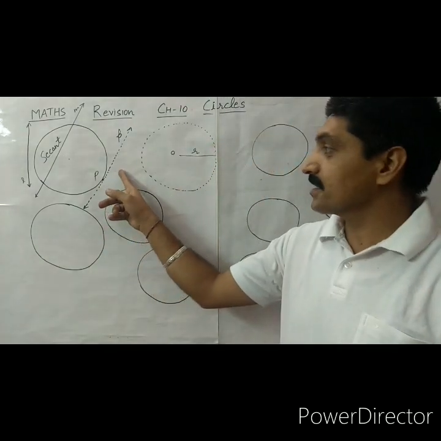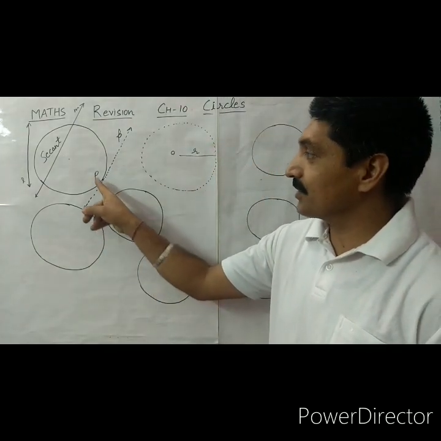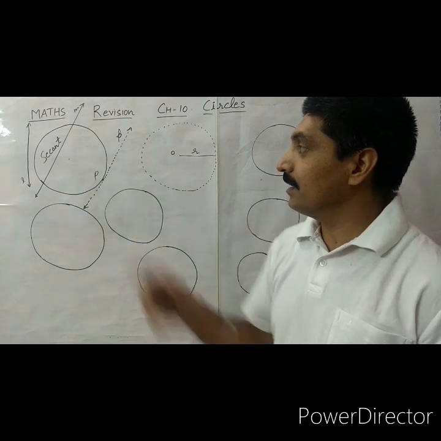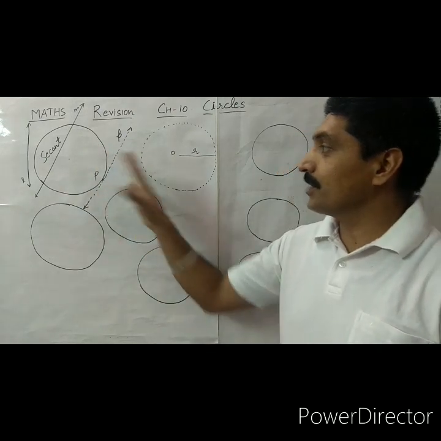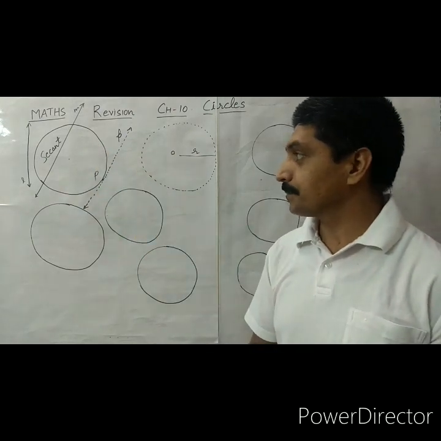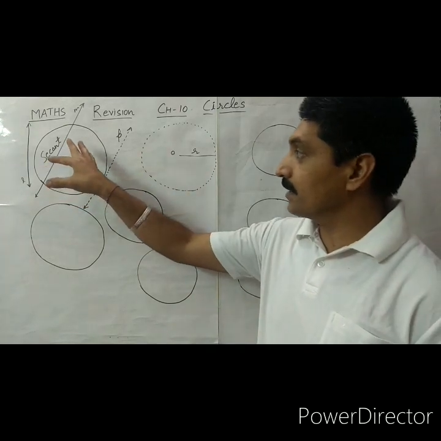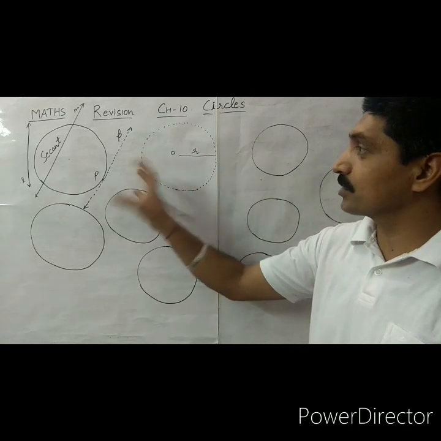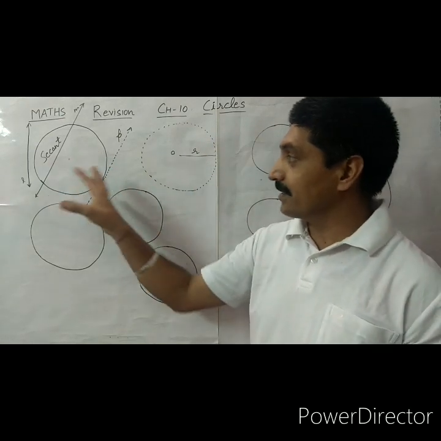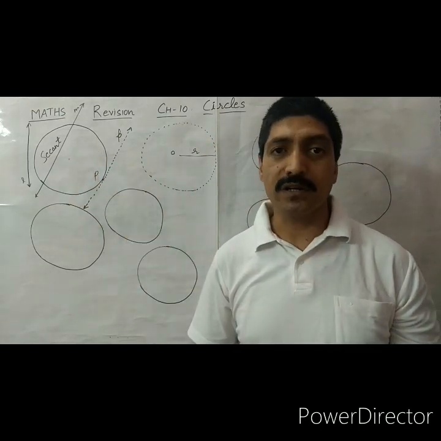This is the third case, when this line touches the circle. This is called a tangent to a circle. So in detail, in grade 10, we will discuss the secant and the tangent to a circle.